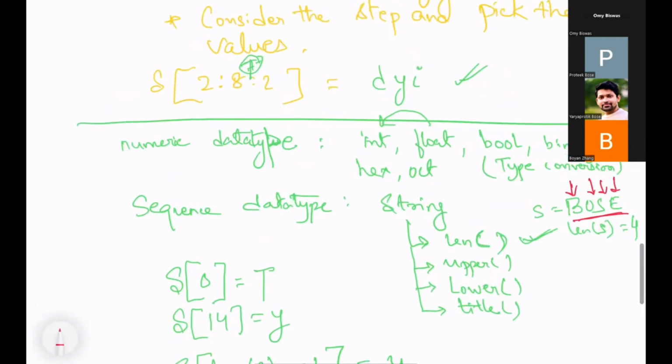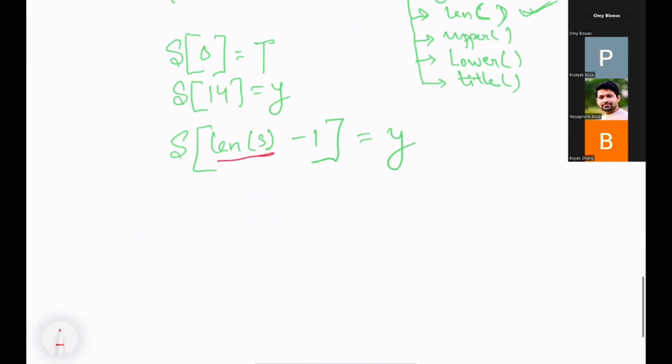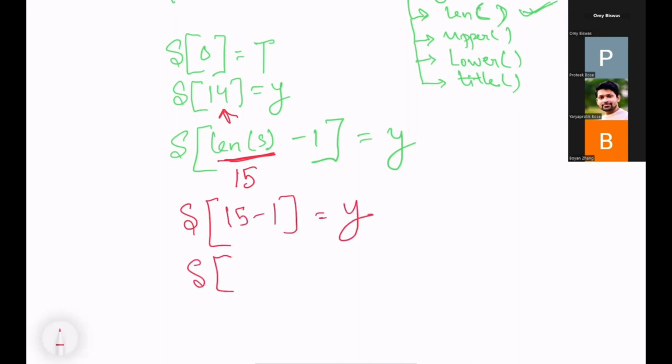So here, today is Friday is actually 15 characters, because the index starts from 0 to 14. So when you provide length of S, it will provide you 15. But S of 14 is Y. That is why I am subtracting 1, so that you get the desired value of S of 14. That will give you Y.